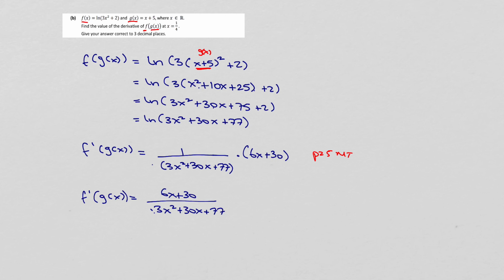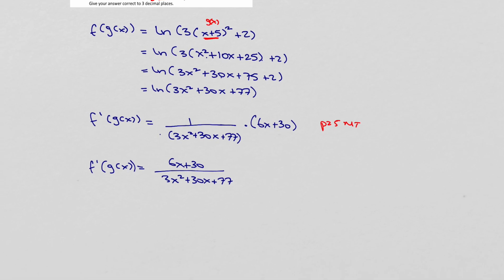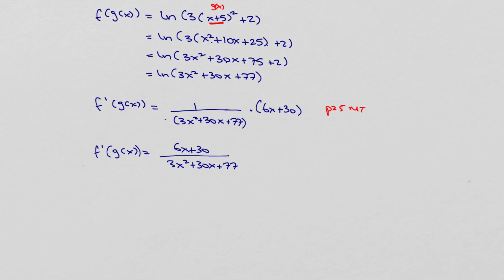But of course, I'm not just looking for the derivative here. I'm looking for the value when x is a quarter. So that means I now need to sub in a quarter into that function. So wherever there's an x, I'm now going to put a quarter.